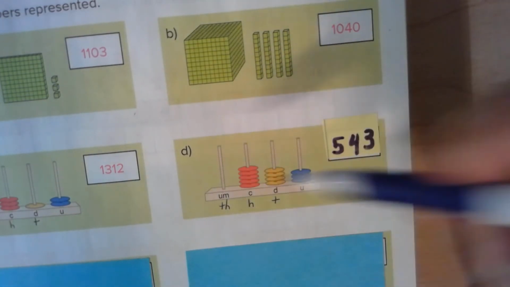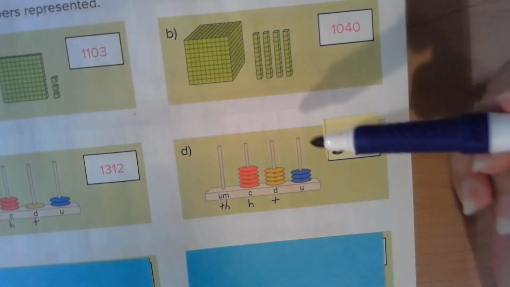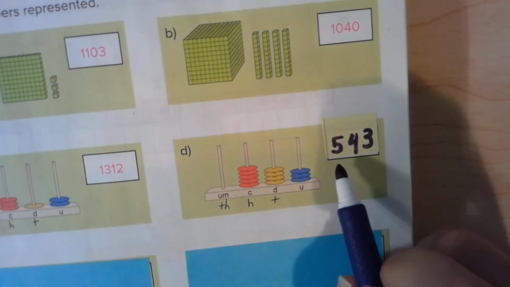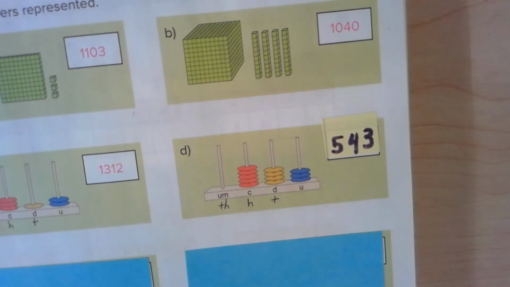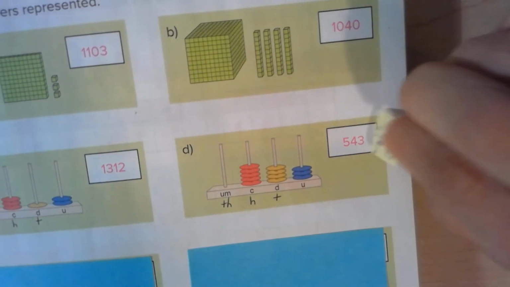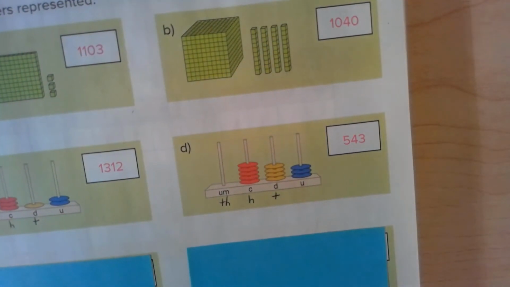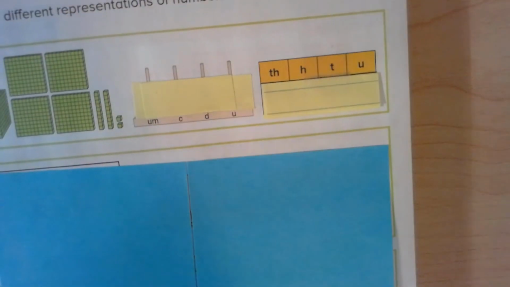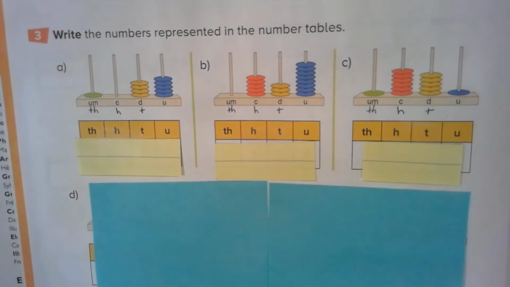We don't have any thousands, and we don't need it as a placeholder. So we're just going to leave it as 543. And we got it right. Wow, you got them all right. Way to go.